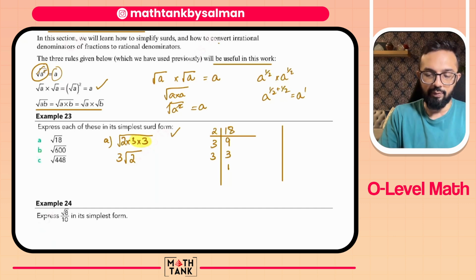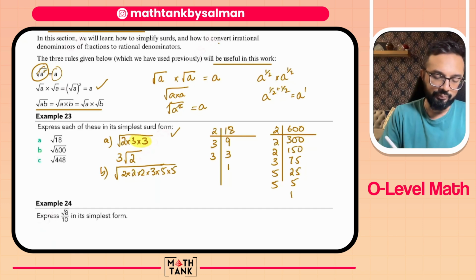Let's see root of 600. 2 times 300, 2 times 150, 2 times 75, 3 times 25, 5 times 5, 5 times 1. Let's see which numbers form pairs. There's a pair of 2's and a pair of 5's.